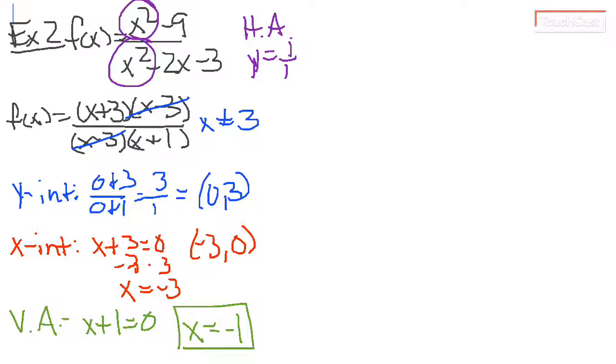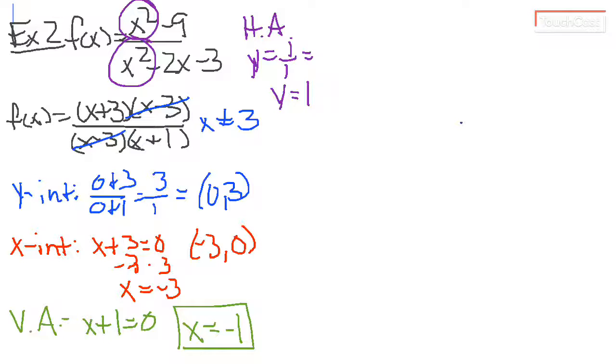Not since those coefficients are the same, but since the power on that x is the same, we divide their coefficients. So our horizontal asymptote is going to be the line y equals 1, which means when we make the graph where y equals 1, we're going to put a horizontal dashed line through it to represent that this is a line that it cannot cross.